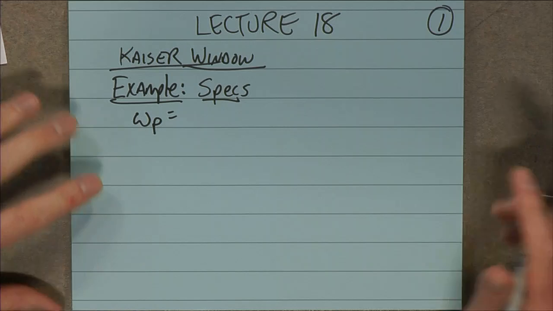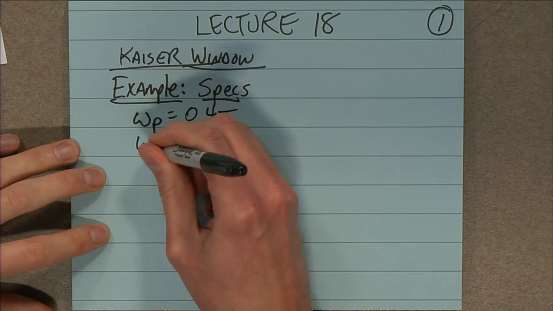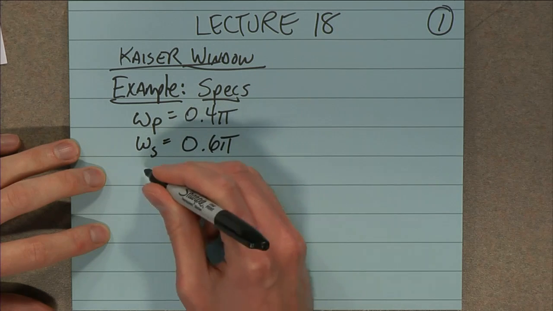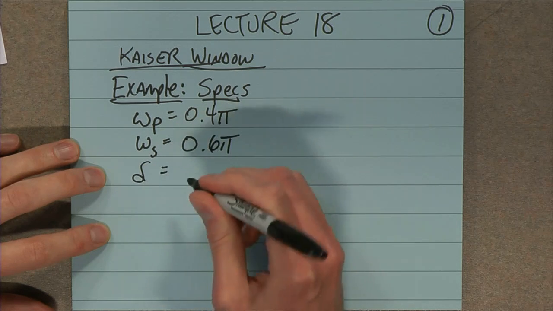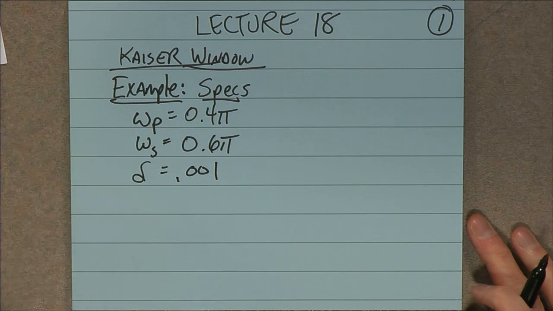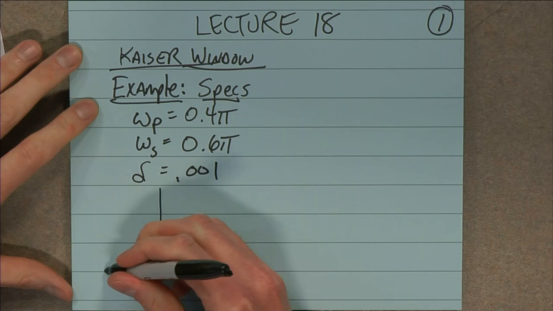Our passband edge is 0.4 pi, stop band edge 0.6 pi, and this delta factor, which corresponds to our attenuation, is 0.001. What does that mean?